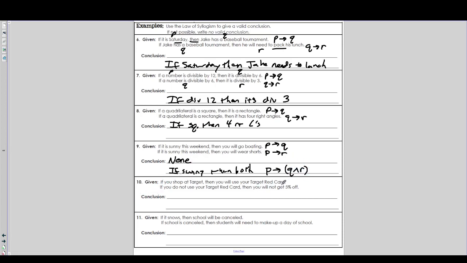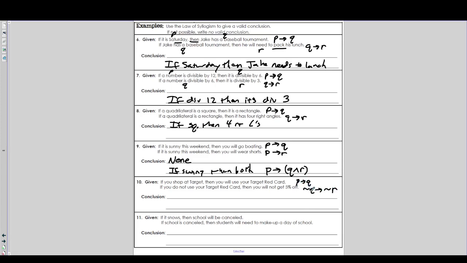This one says if you shop at Target, then you will use your Target red card. Again, may or may not be true, doesn't matter, it's given, if P then Q. If you do not use your Target red card, so that says if not Q, then you will not get 5% off, not R. So this one doesn't directly chain together because this is P to Q and not Q to not R. So the first step we want to do here is fix this second one to get rid of the negations.